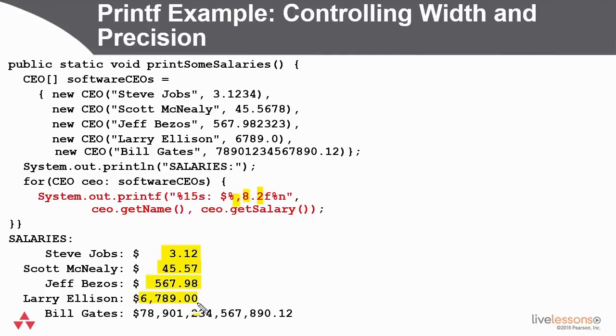This lines up. Notice the comma. But this does not line up because there are more than 6 to the left of the decimal point, and Java never throws away significant digits when you give the spacing. So if you want to line things up on the decimal point, you need to know something about the possible range of values to do so.